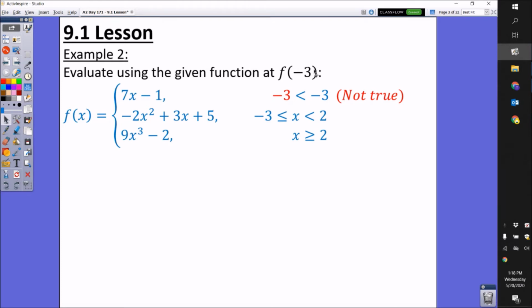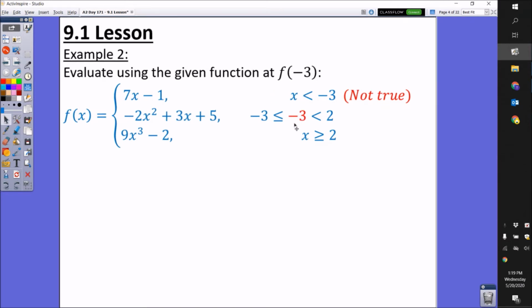So we're going to move on to the second equation. We plug in negative 3 into the x of the second corresponding condition. If I read it, negative 3 less than or equal to negative 3, that is true, because even though it says less than, don't forget you have this line saying or equal to.